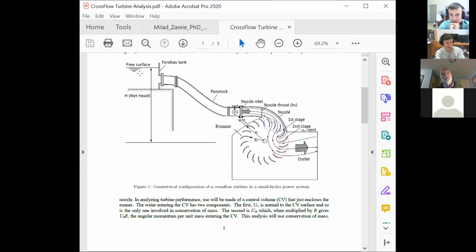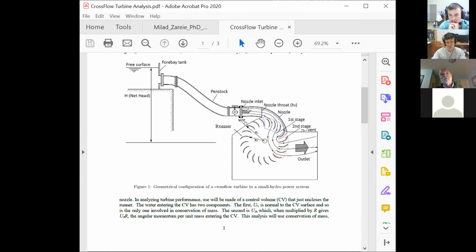So the turbine is connected to the water supply by a penstock, as it's called, that's the English name, which is just basically a term that describes the pipework or the tubing that connects it. The water comes down through the penstock. There would be a shut-off valve here to turn the turbine off if it's not needed, and it comes into a nozzle. Okay, so here is the inlet of the nozzle, here is the throat of the nozzle, and here is the nozzle itself.